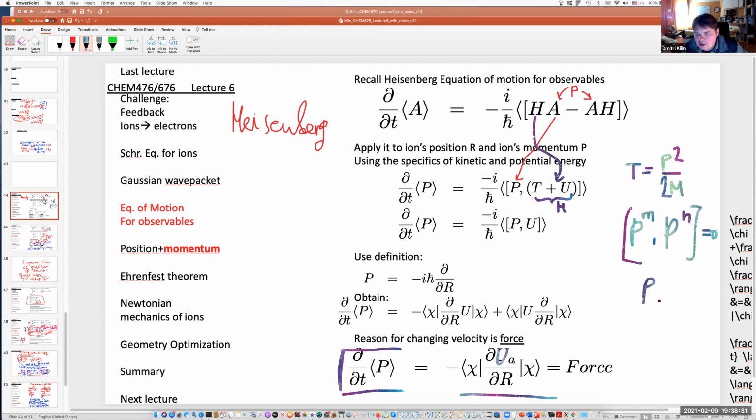Therefore, the commutator of P and T is 0, so we exclude T and compute only the commutator of momentum and potential energy. If we process this equation, it will give us the time derivative of the momentum.